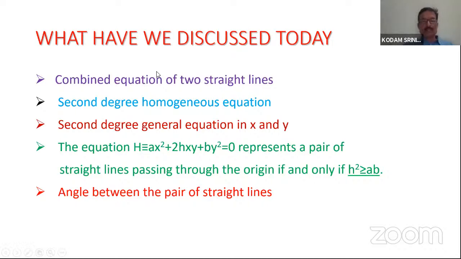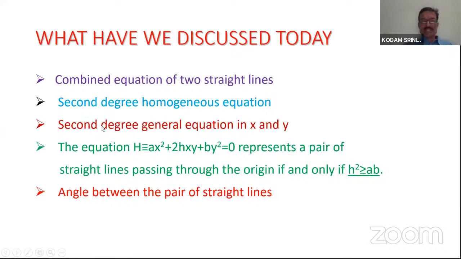We have obtained that the second degree homogeneous equation is of the form S equal to ax square plus 2hxy plus by square. Homogeneous means we will have only three terms: ax square plus 2hxy plus by square equal to 0.